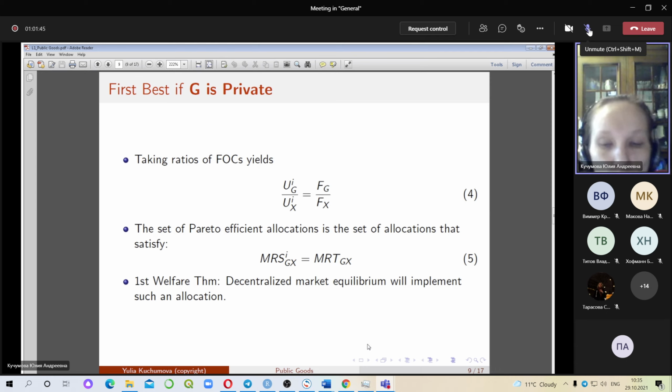But now let us recall what this is. The left-hand side of this equation, what is it? From your microeconomics course, you know that this is nothing else but the marginal rate of substitution of good g with respect to good x. Therefore, equation 4 can be rewritten as: the marginal rate of substitution for person i of good g with respect to good x is equal to the marginal rate of transformation of good g with respect to good x.